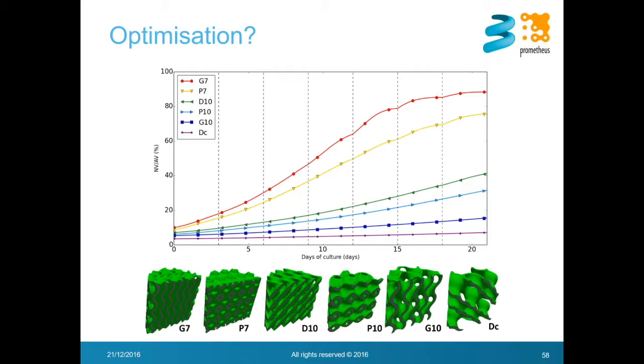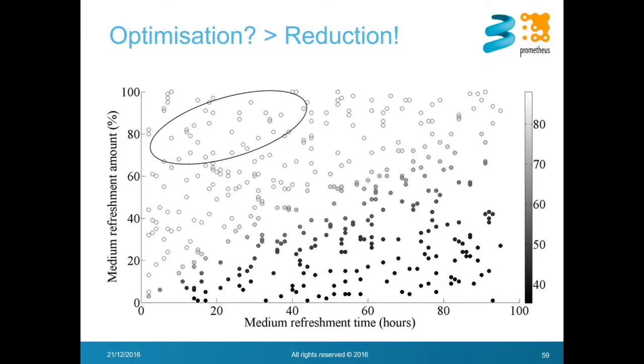But if you want to do a proper optimization, also in terms of how frequently I should change my medium, how much of the medium I should change every time, well, you need to do Bayesian optimization, for instance. And with a model like the mechanistic model that takes a few days to run, this becomes intractable.